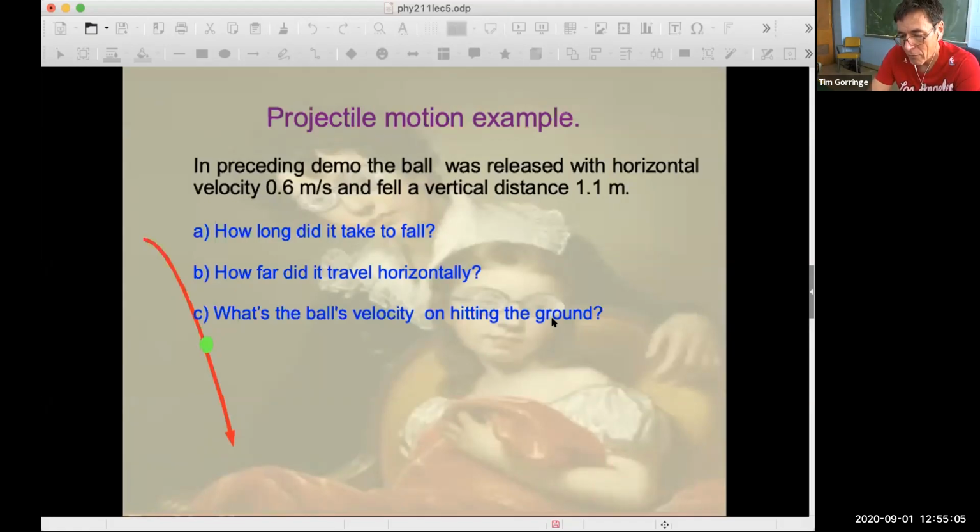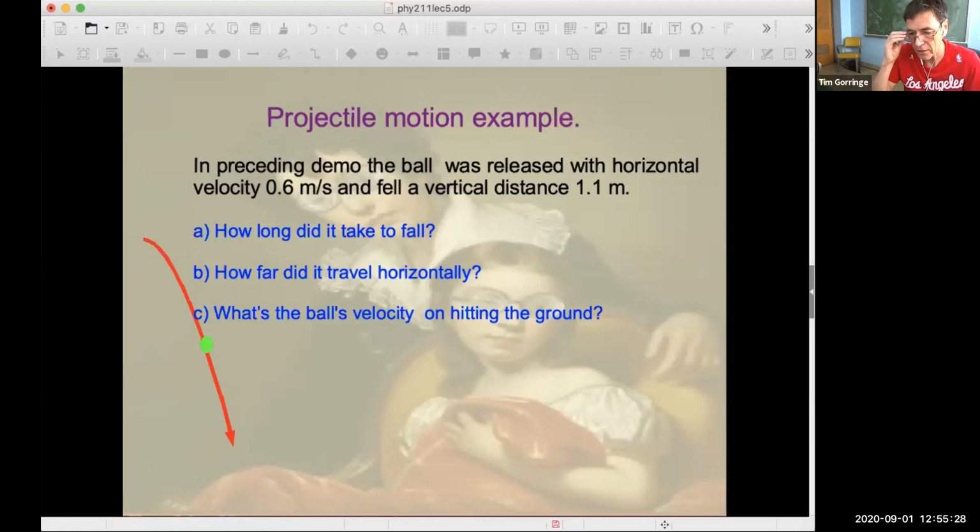We really established this simple interpretation of two-dimensional projectile motion as vertical motion under the acceleration of gravity and horizontal motion with zero acceleration. And now we're going to use that understanding, those key thoughts to solve some problems.